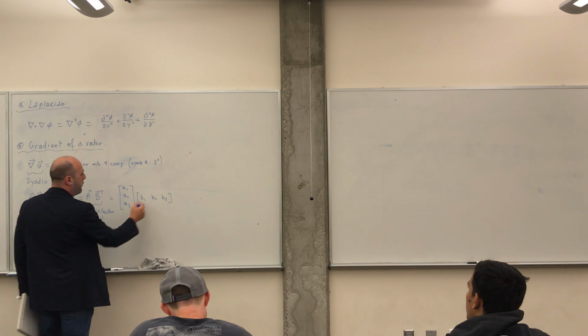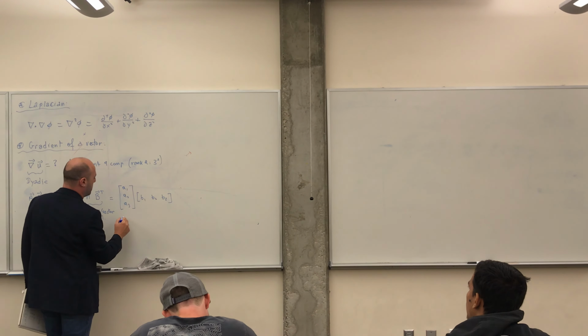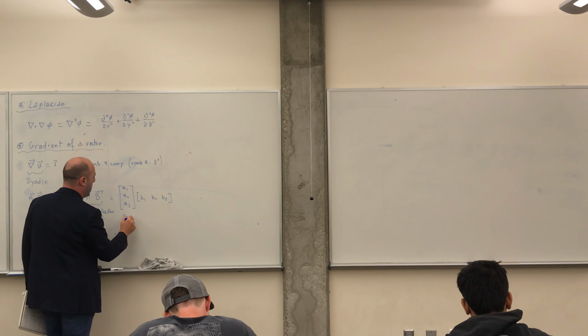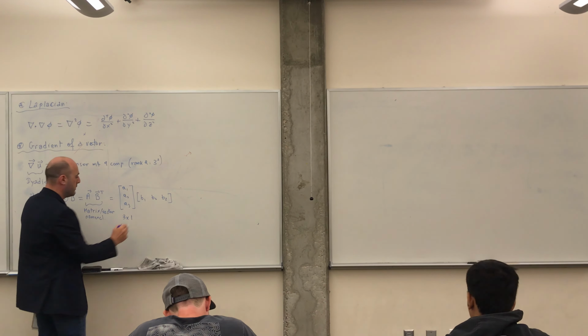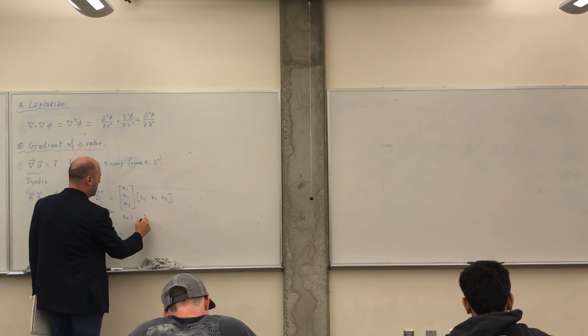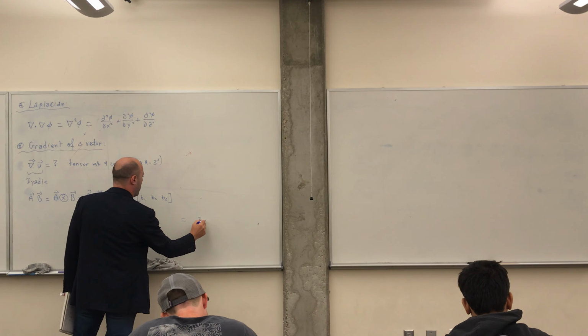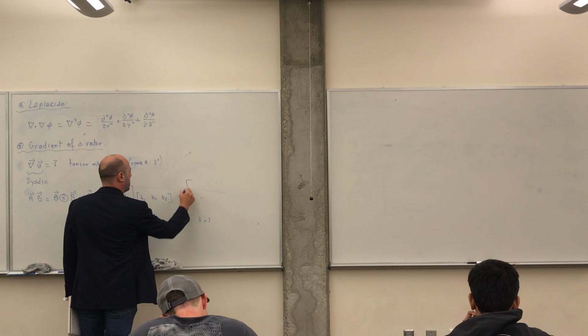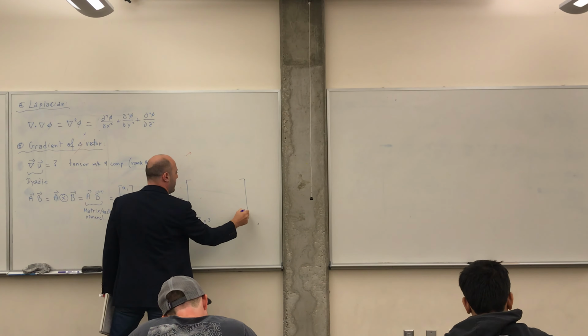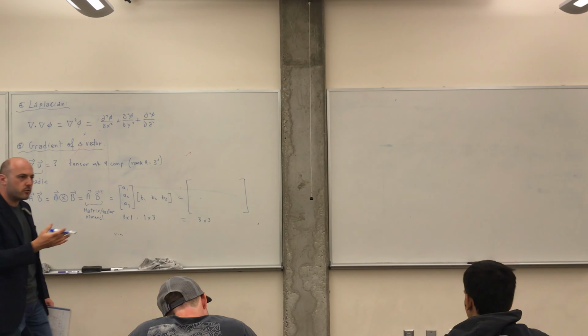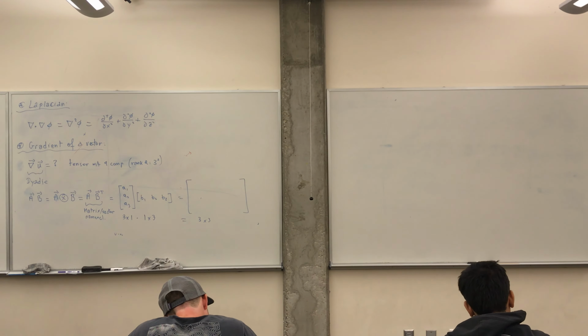So how can we make sure that this is consistent? This is a 3 by 1 matrix times 1 by 3, so the result is going to be a 3 by 3 matrix. It's a tensor, and we represent it as a matrix.